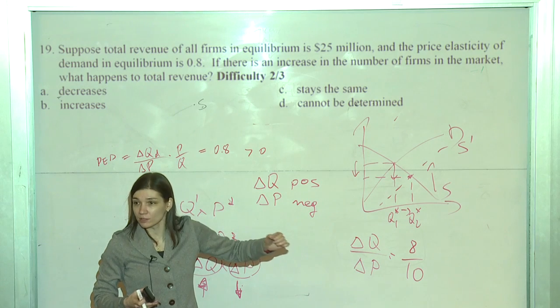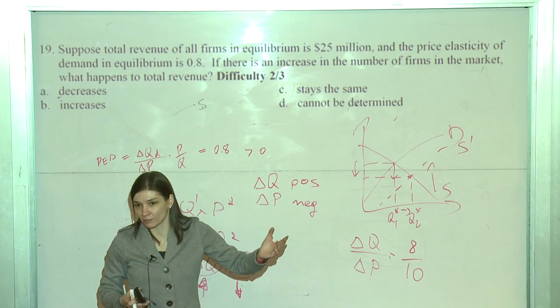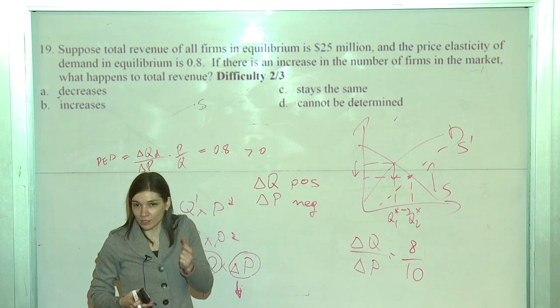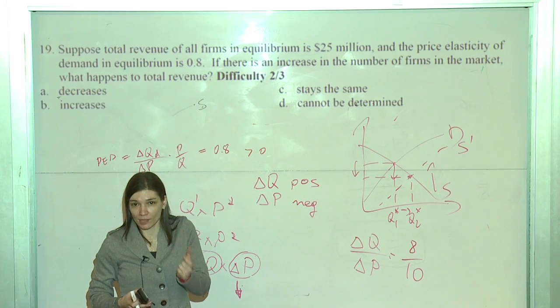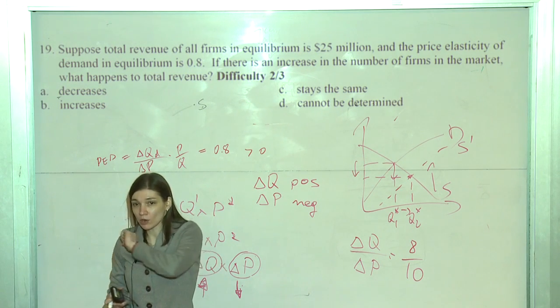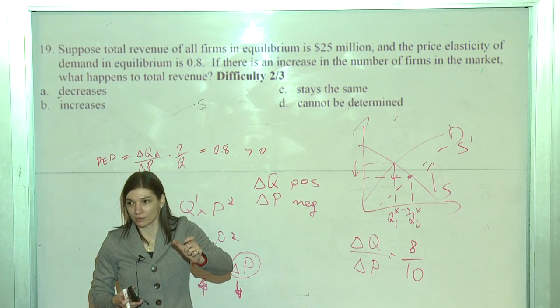This is equivalent to, let's say you have a sale on something, right? You decrease the price, buy one, get one free, right? If the demand for this good is very elastic, even though you cut the price, you're going to get so many new customers buying that your total revenue is going to go up.